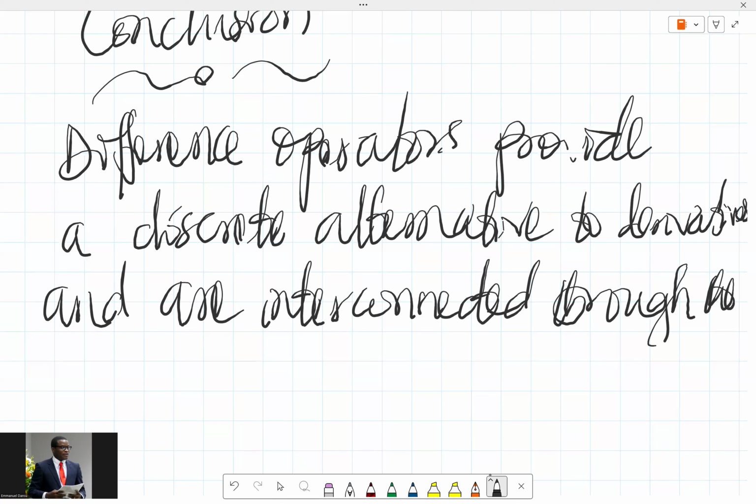So the shift operator brings them together.